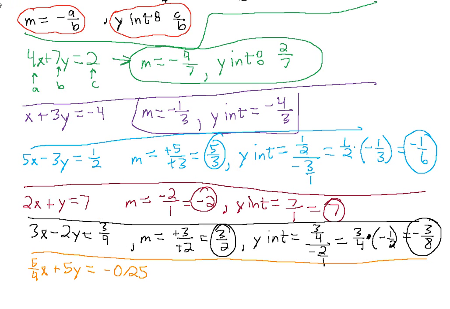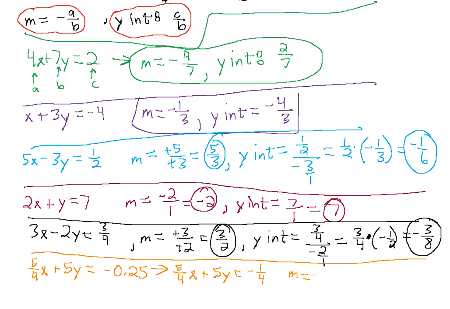Okay, we have a decimal here. We also have a fraction on the other side, so it's your choice. I prefer fractions, so let's go ahead and convert this into a fraction before moving on. We have 5/4x plus 5y equals -1/4. 1/4 is the same as 0.25. So let's go ahead and find our slope and our y-intercept.